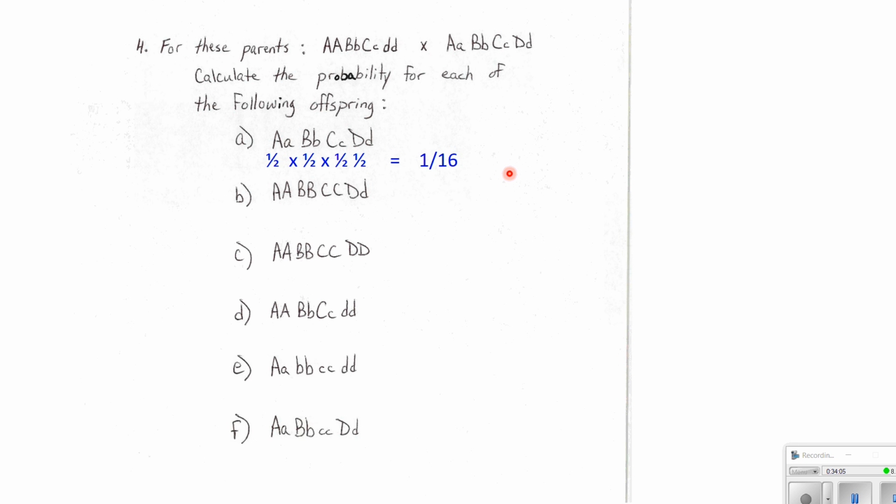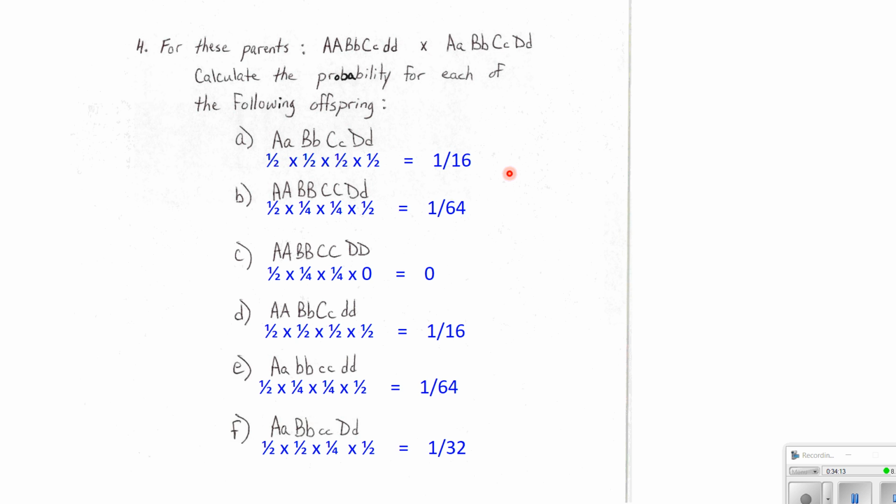Pause the video, work them out, check your answer. Did you get them right? What about this tricky one right here? Now look, if this parent has big D, little d, and this parent does not have a big D, there's no way an offspring could end up with 2 copies of big D. The only way to get 2 copies of big D is both the dad and the mom have to pass down a big D. We know that cannot happen.